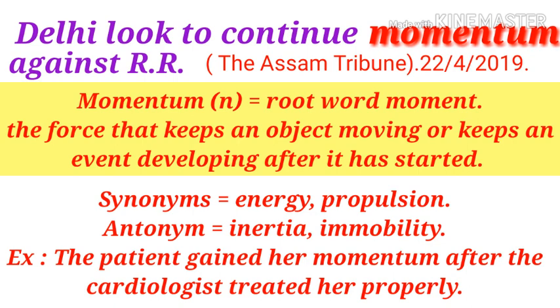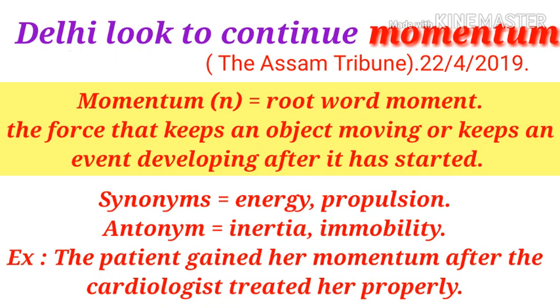Okay, so here a sentence was given: Delhi look to continue momentum against RR. That means Delhi will not stop, but they will continue certain kind of charges or any kind of action against this person RR. Okay, this is the meaning of the sentence. Another example I have given here is: the patient gained momentum after the cardiologist properly treated her.